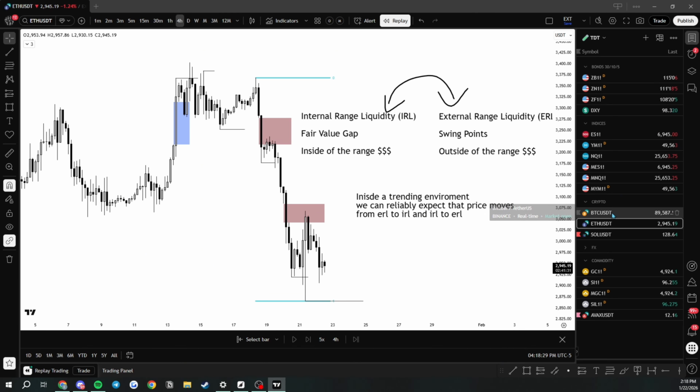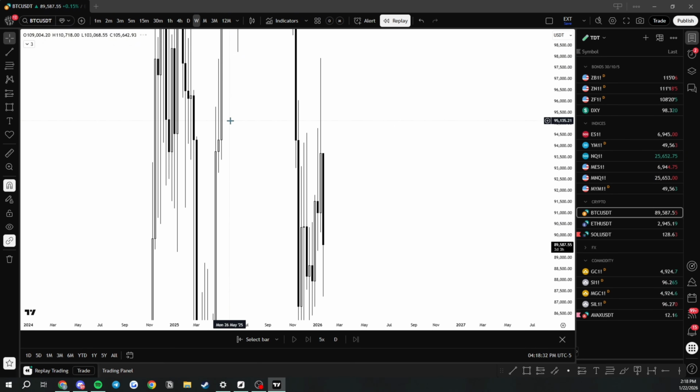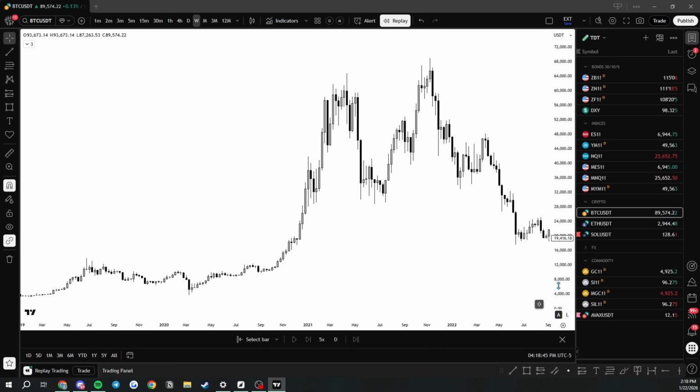So let's take a look at this example on the weekly on Bitcoin. Now, for those of you guys that are familiar with me, you know that I've been posting about crypto for a very, very long time.